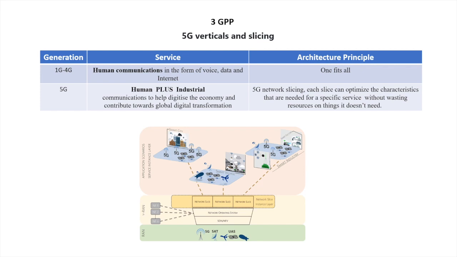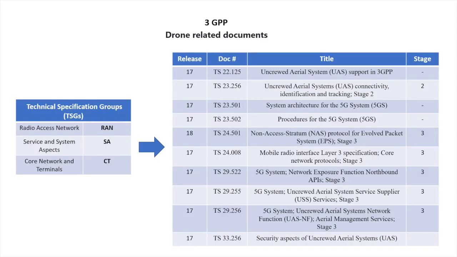So, to make business solutions interoperable and reduce the cost of creating specific mobile networks, 3GPP creates specifications for adapting mobile networks for specific businesses. Mobile operators deploy those specific networks using the concept of slicing. In our case, Releases 17 and 18 published a set of documents related to UAV, UTM, and U-Space support.